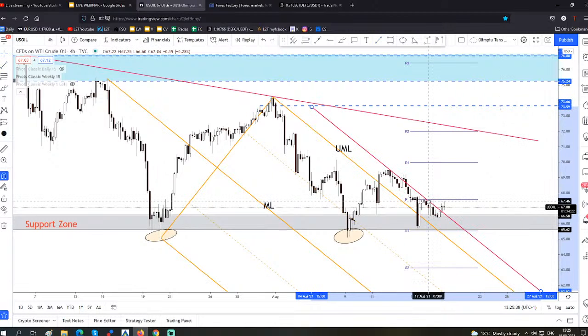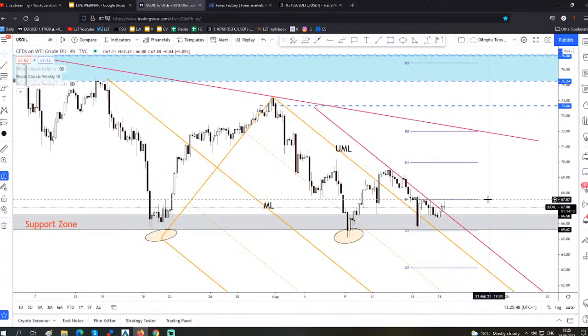Okay, so right now the price of US oil has jumped above this outside sliding line, but the weekly pivot point 67.57 is seen as static resistance right now.